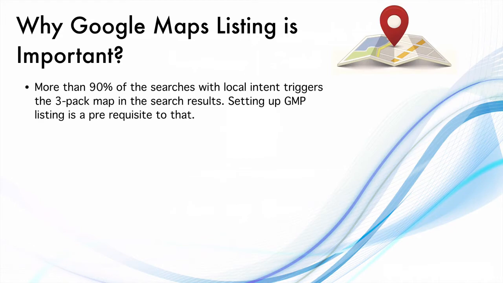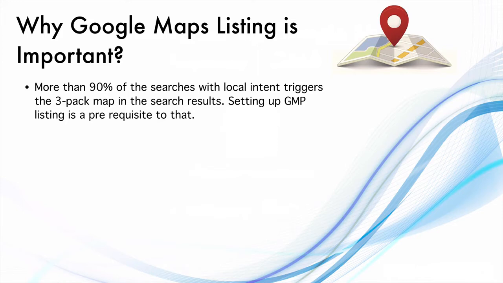The most important thing is that about 60% of the searches that happen online happen through mobile, and out of that, 90% of the searches with local intent trigger the three-pack map in the search results.